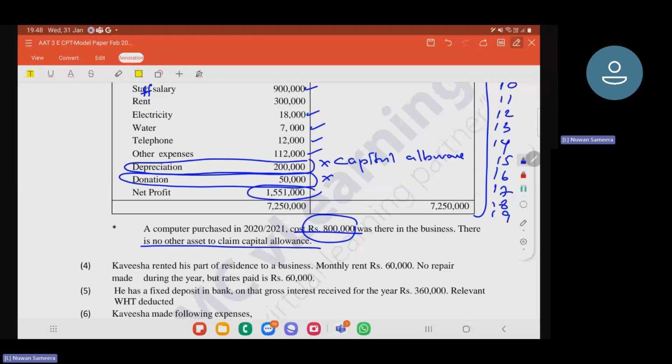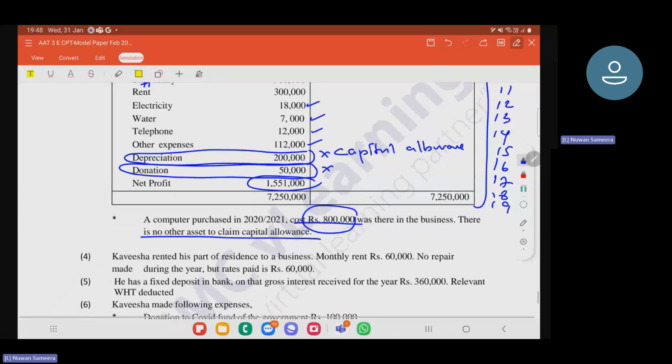If you purchase some asset during the year, irrespective of the date of the purchase, you get the capital allowance for the whole year. Another important thing is if some asset is disposed of or sold during the year, that asset is not eligible to get the capital allowances for that particular year as a whole, irrespective of the date of the purchase. Hope you are already aware of these things under section 60. Section 60.